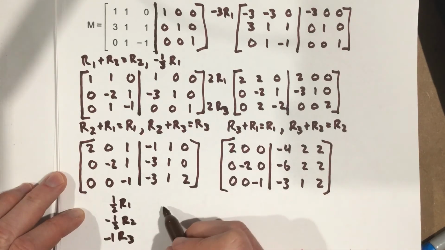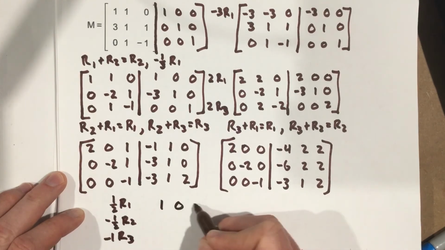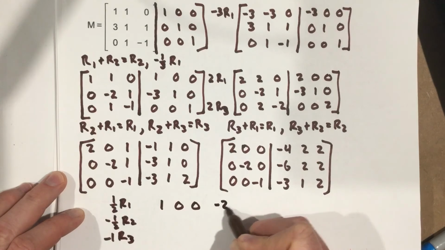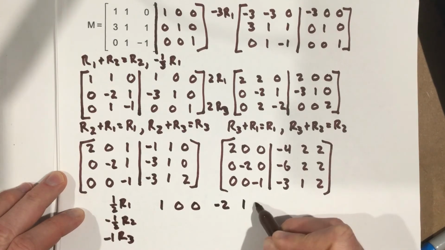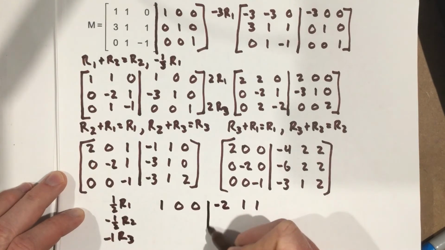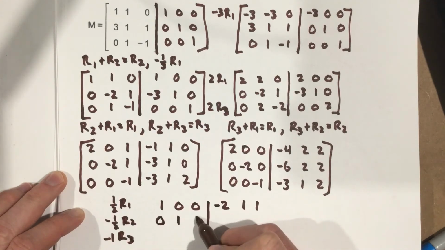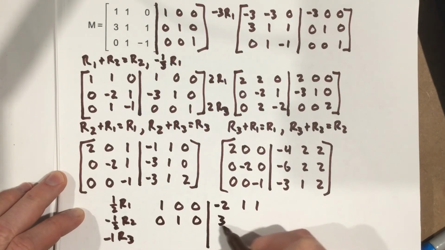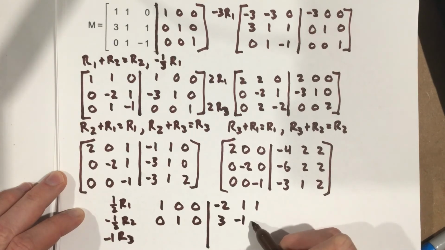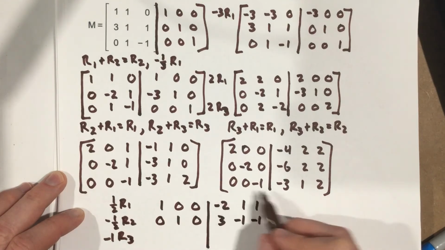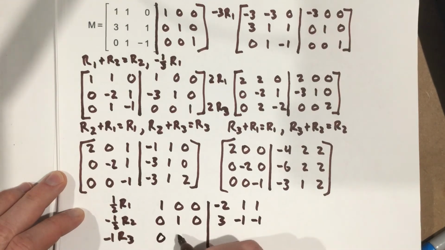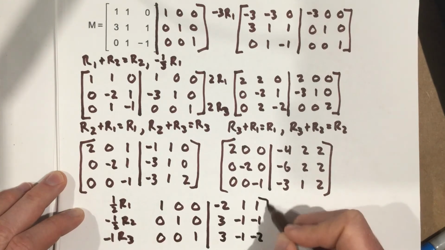So we're going to get 1, 0, 0, -2, 1, 1 for the top row, then we're going to get 0, 1, 0, 3, -1, -1. And then -1 times those just changes those signs. So 0, 0, 1, 3, -1, -2.